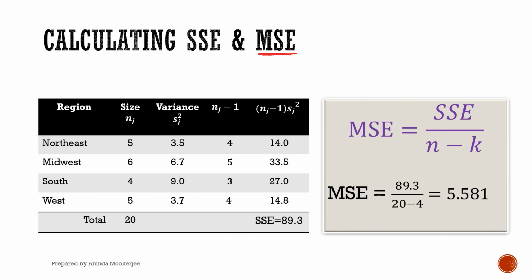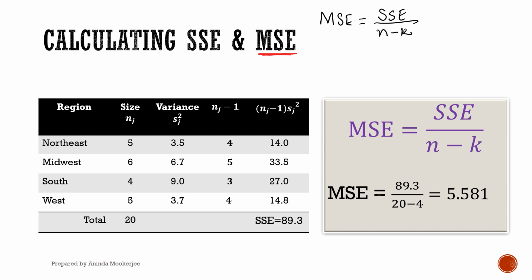Here we'll go through the process of finding SSE, which in turn will help us find MSE, and therefore this will lead us to complete the calculation of the F value. So let me write the MSE formula once again. MSE is SSE over N minus K.